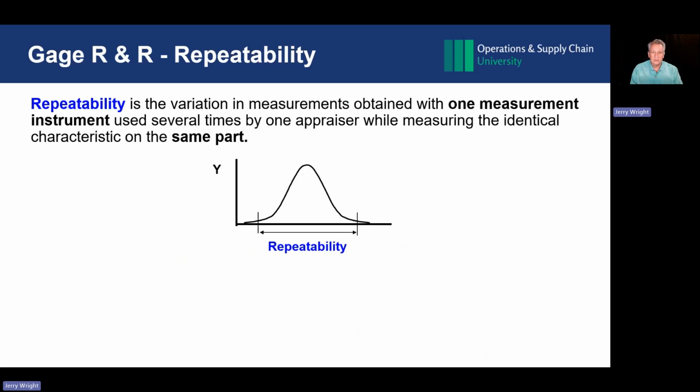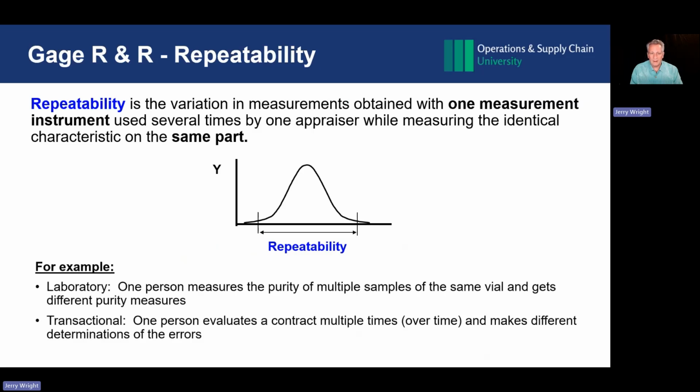Does it change? And again, same part, one instrument, one operator. For example, in a laboratory, one person measures the purity of multiple samples of the same vial and gets different purity measures. Or transactionally, one person evaluates a contract multiple times over a period of time and makes different determinations of what the errors are.